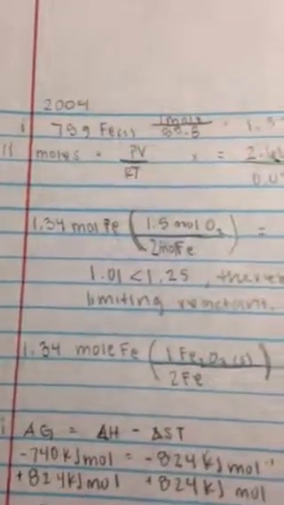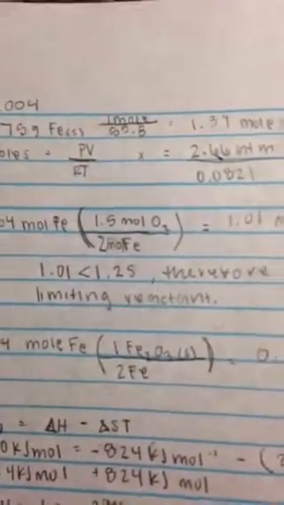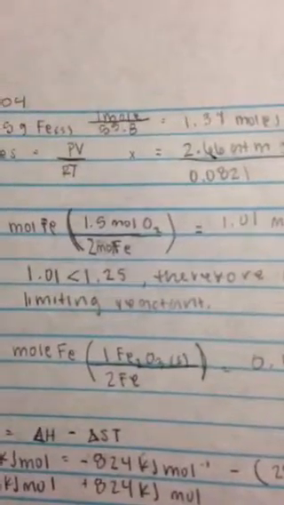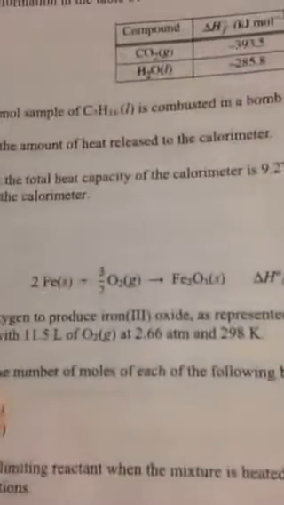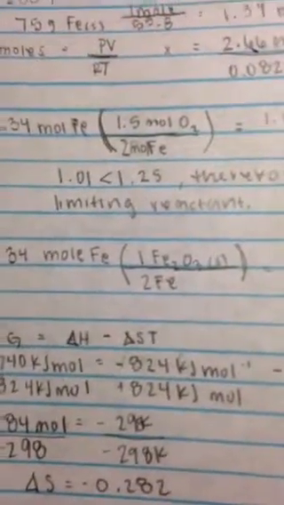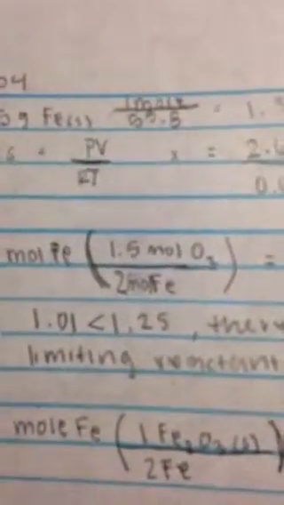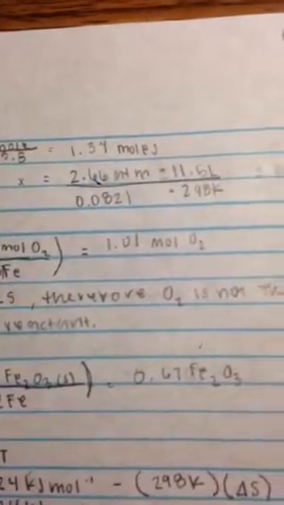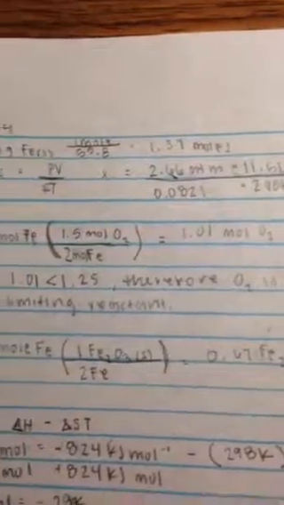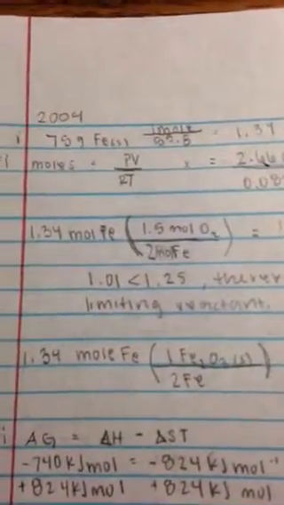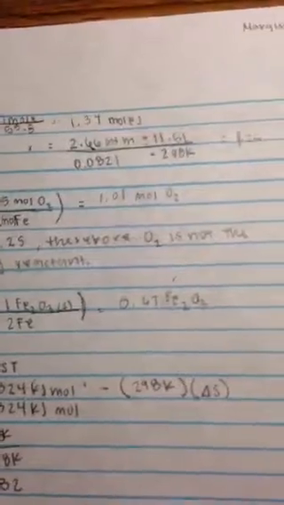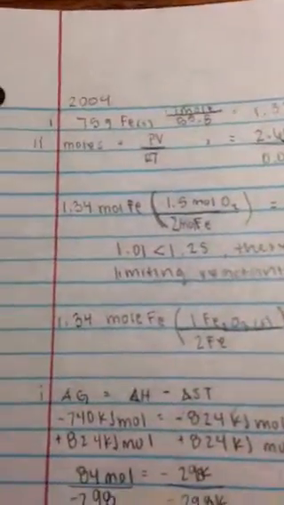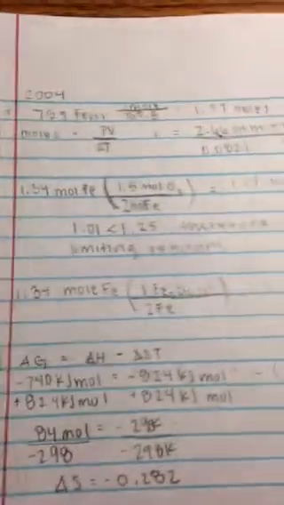So I did 1.34 moles of iron times 1.5 moles O2, and 1.5 is the 3/2, over 2 moles of iron, and that was equal to 1.01 moles of O2. And so 1.01 is less than 1.25, therefore O2 is not the limiting reactant. So iron is the limiting reactant.